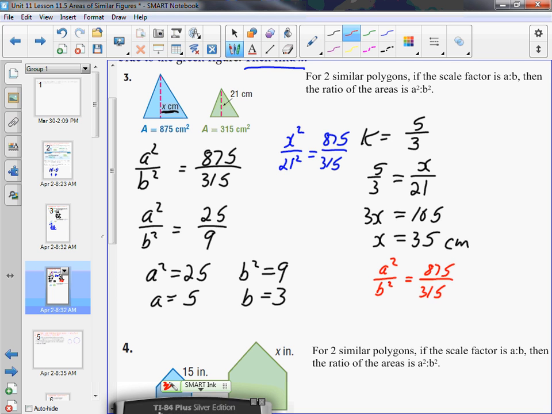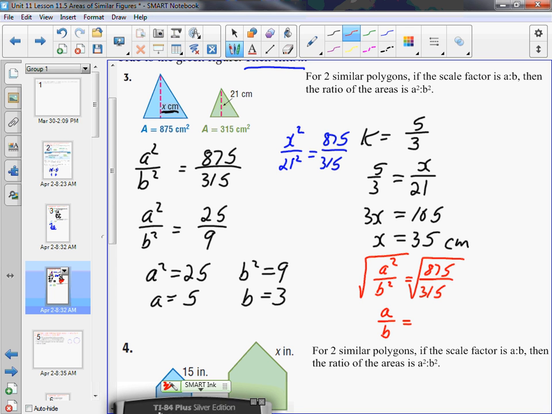I can take the square root of both sides here too. The way you take the square root of a fraction is you take the square root of the numerator over the square root of the denominator. So the square root of a squared is a, the square root of b squared is b.